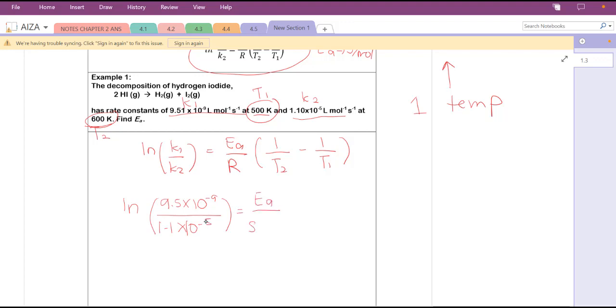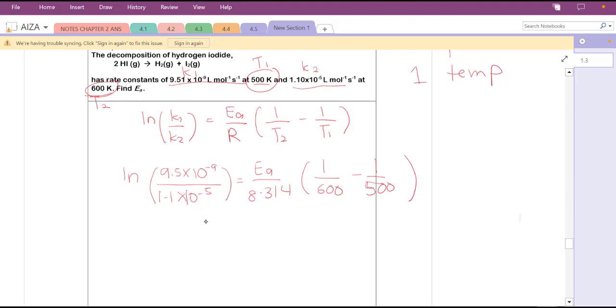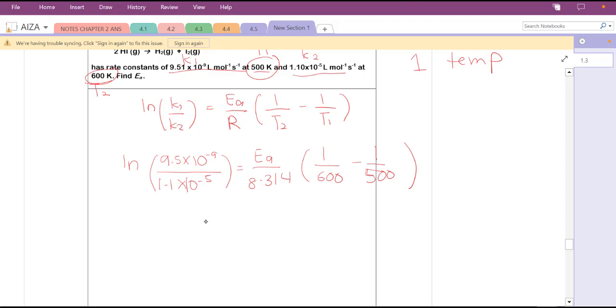R is a gas constant. When we press the calculator, we will get Ea equal to 175,923.6 joule per mole.